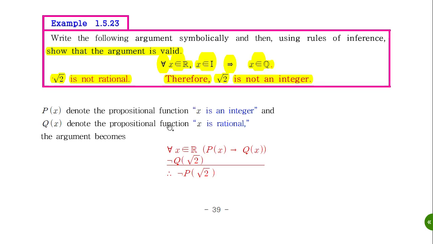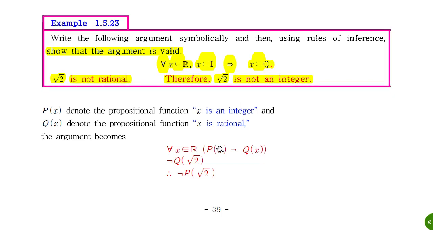If you use it with those instantiation, then P of x denotes the propositional function x is an integer, and Q of x denotes the propositional function x is rational. Then this argument becomes for all x in R, P of x implies Q of x.